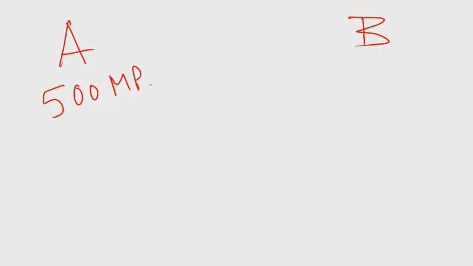So, suppose you have two different types of materials, A and B. Suppose A has very good strength properties, let us say 500 megapascal, and B has relatively less strength, like 300 megapascal. This strength we typically define in material science as sigma.